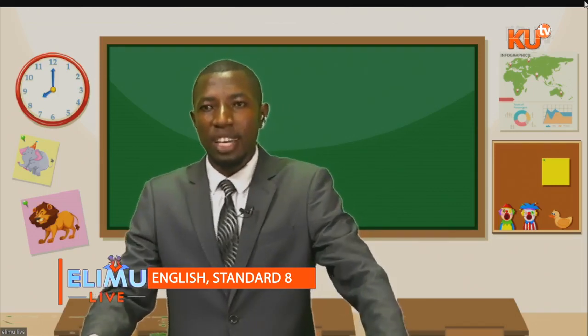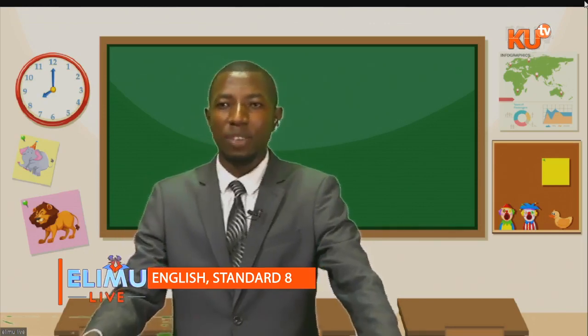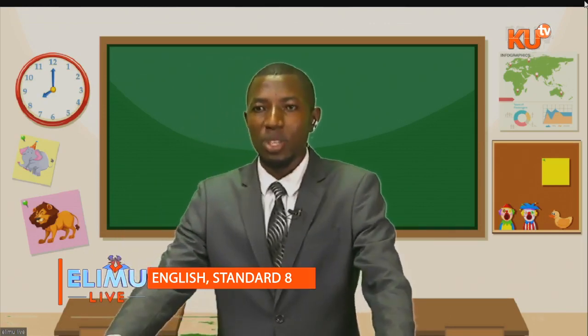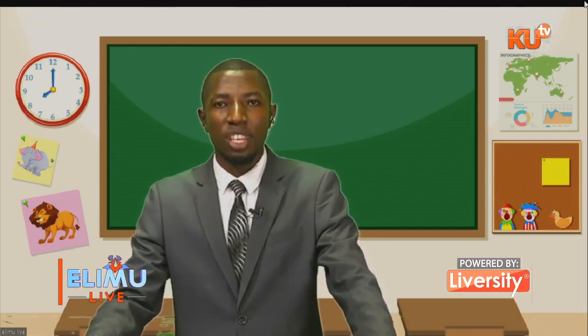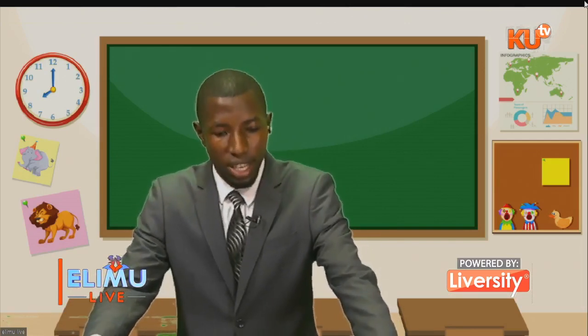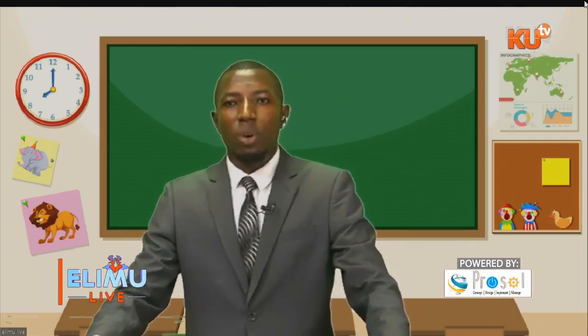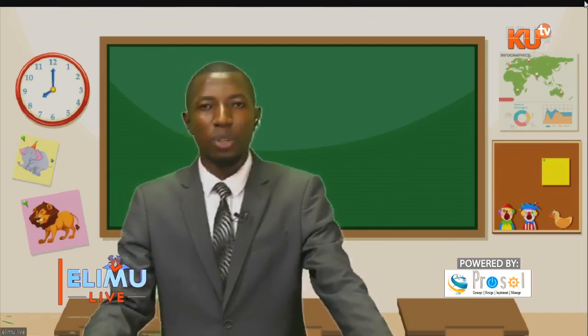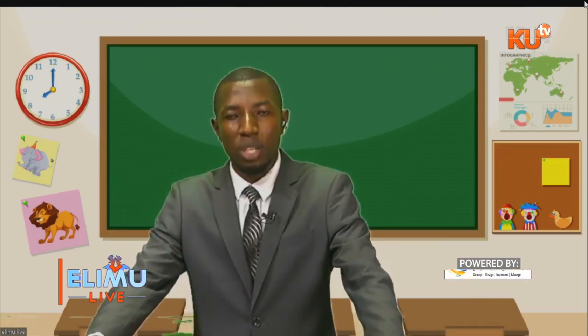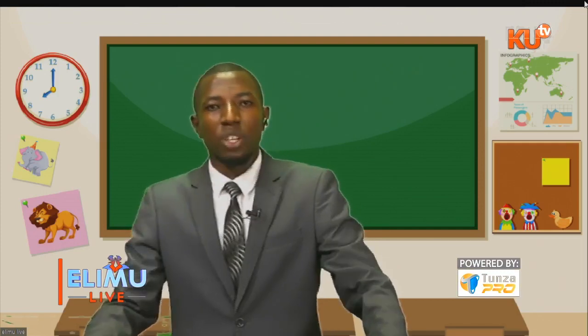Today we will look at a very interesting topic in English, which is one of the parts of speech, that is conjunctions. I want to look at a specific type called correlative conjunctions.